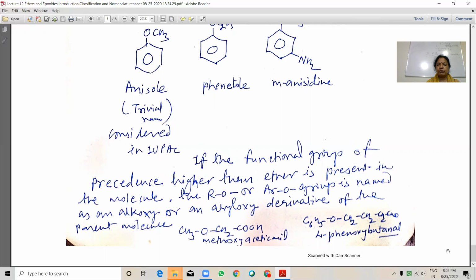Suppose in this molecule, methoxyacetic acid, right? 4-phenoxybutanol. So, if an alkoxy group is present, then it is given as a derivative of the parent molecule.